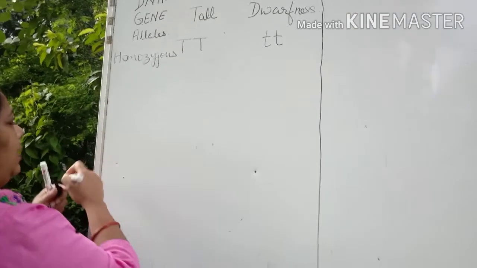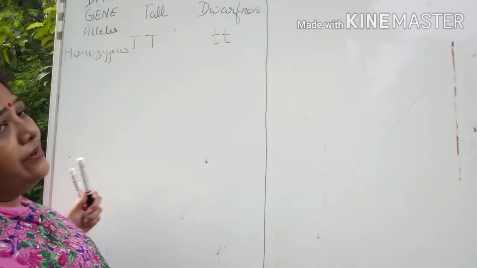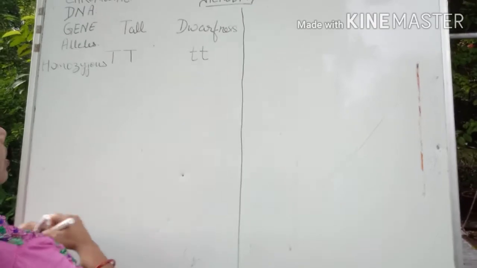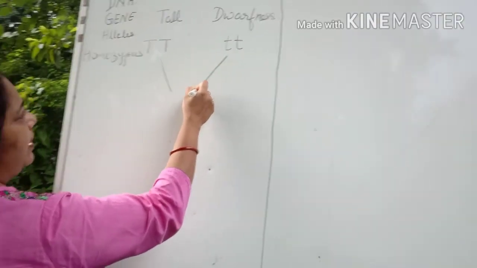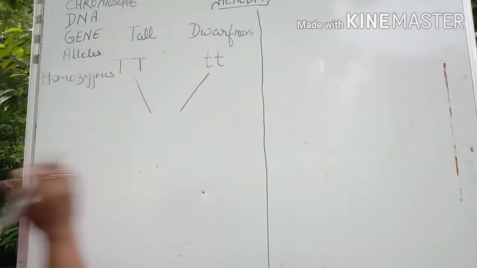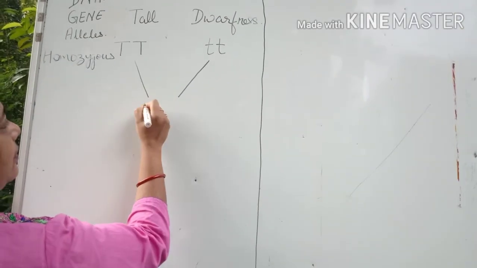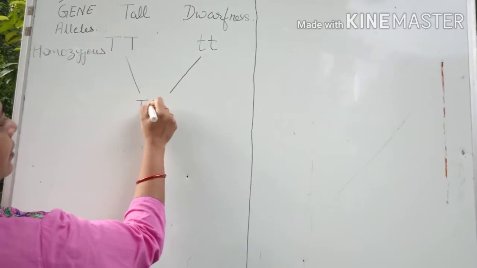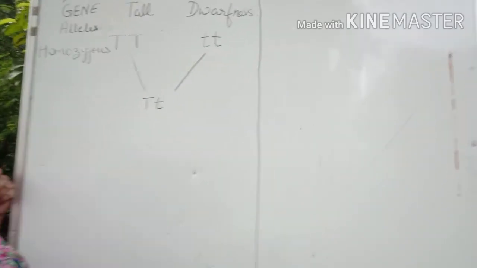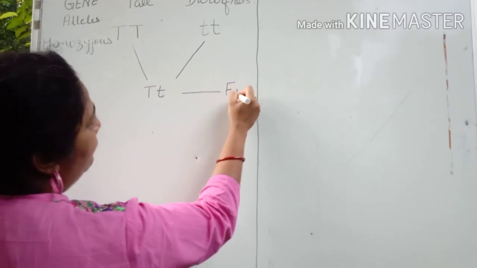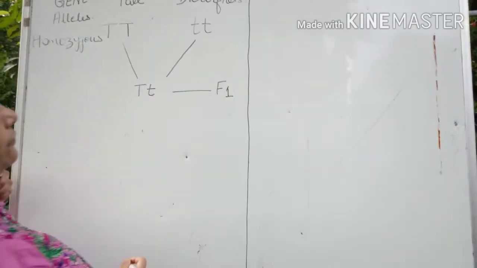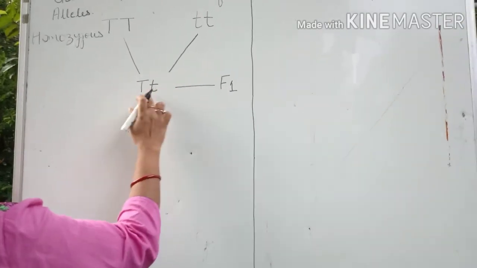Homozygous. In the first generation, Mendel saw that when a tall plant and a dwarf plant are bred, then what happens? This type of thing he got. What was this generation? F1 generation, or the first filial generation. This is called the first filial generation.